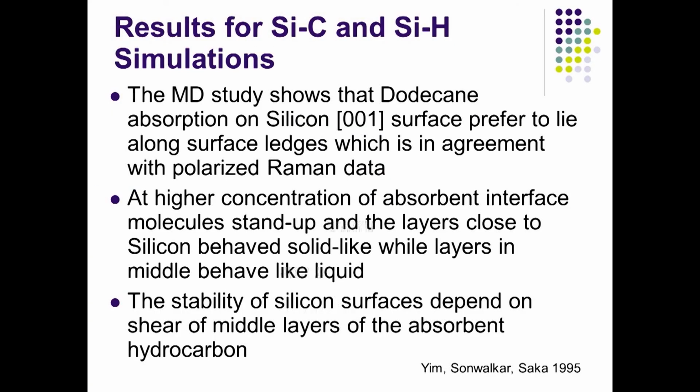Now we also looked at the stability under the shear. We found that the stability of the silicon surface depends on the shear of the middle layers of the absorbed hydrocarbon. If a particular hydrocarbon needs to stay and be stable, so that it does not shear off those layers, which is the problem we started with, then we need to design a lubricant which has a higher shear modulus for the middle layers.